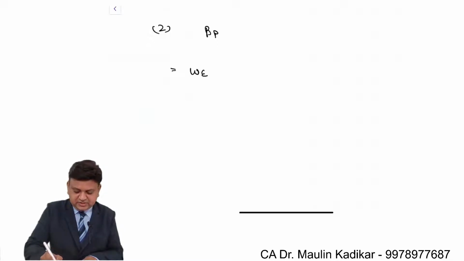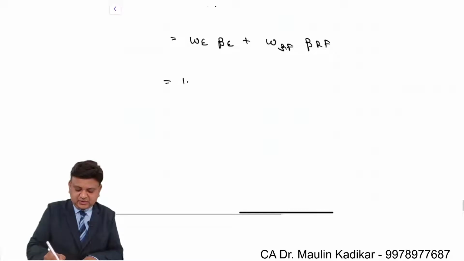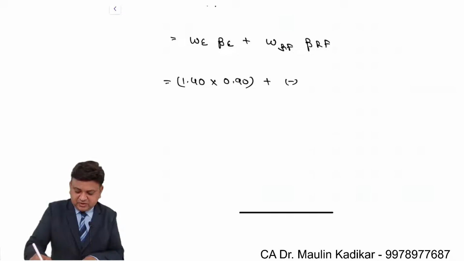It is weight of existing into beta of existing plus weight of RF into beta of RF. Weight of existing is 1.40 because 40% is the funds which you have borrowed. Beta is 0.9 plus negative 0.4 into beta 0.